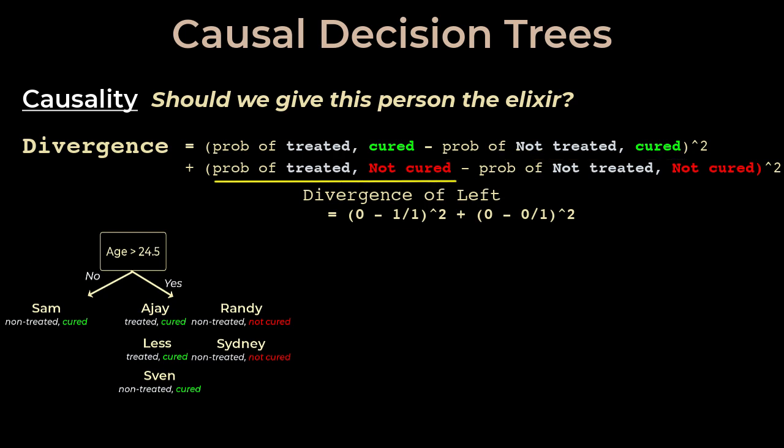Now the third term is going to be 0 because there are no treated people. And the fourth term is going to be the number of non-treated people who didn't get better, which is 0, divided by the total number of non-treated people, which is 1. And plugging these values in, we get a divergence of the left node as 1.